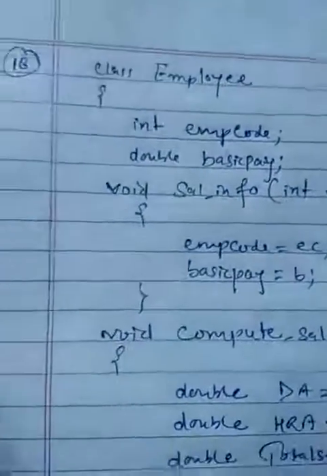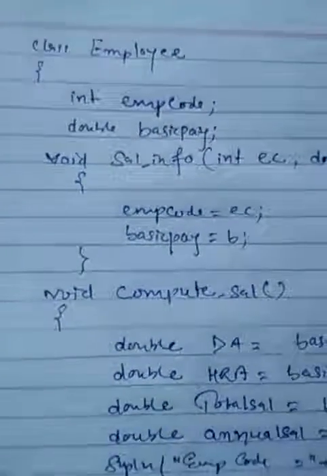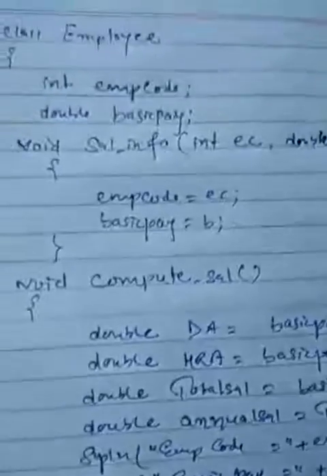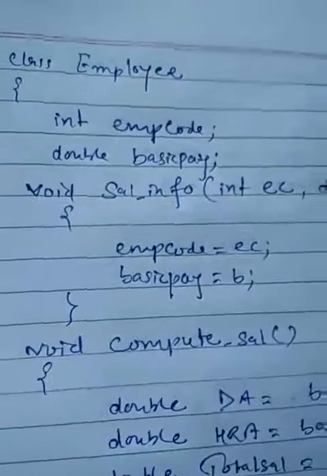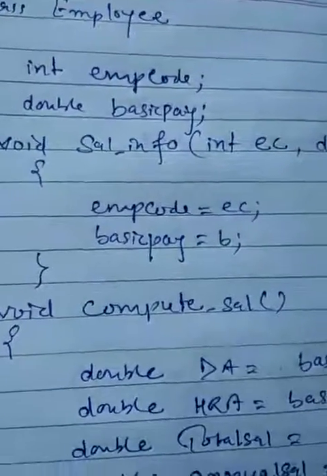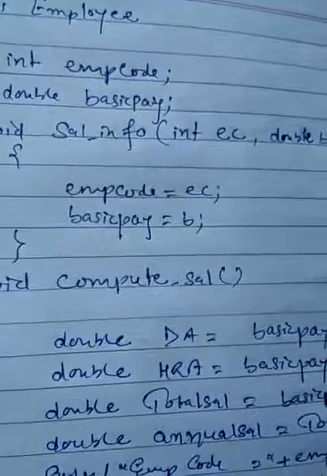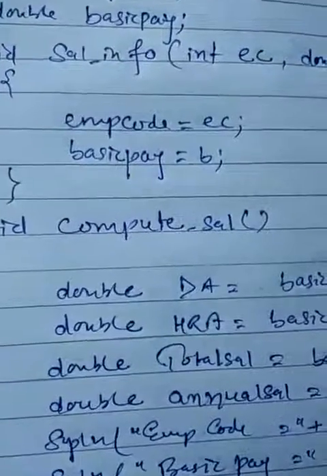Now question number 18, this is again a question of salary calculations. Here is the class employee with two instance variables, employee code and basic pay. In salary_info we have to input the value of employee code and basic pay.